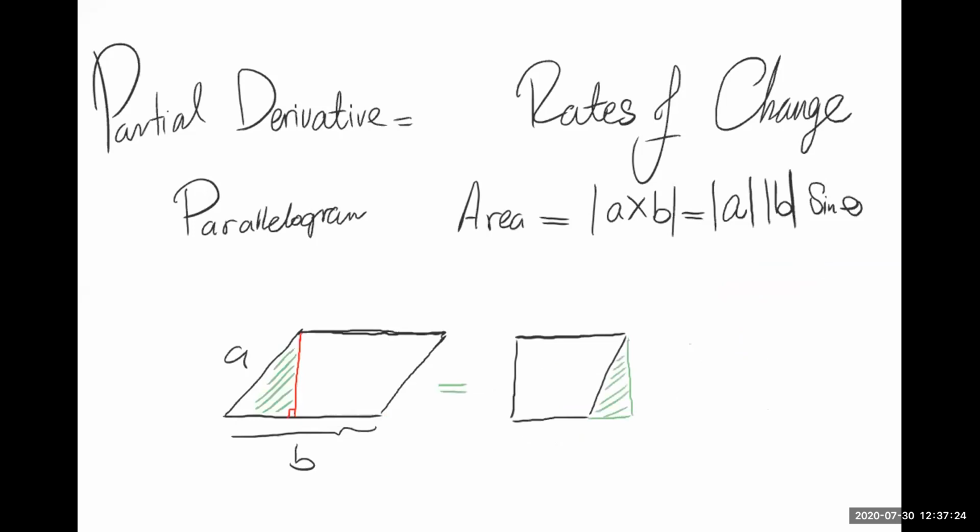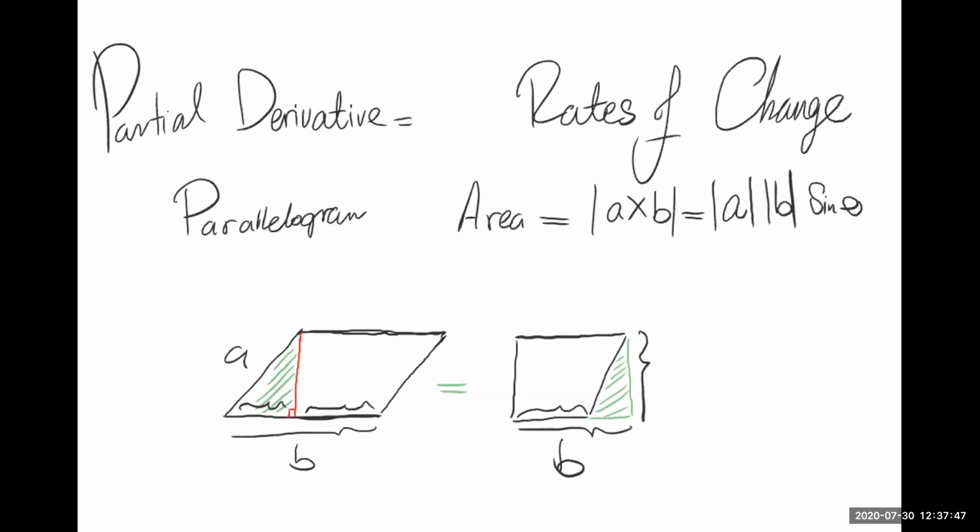Does that make sense? Now, what are the sides of this rectangle? Well, this side is still B, right? This part plus this part is B. I brought this green part here. Well, the sum is still B, correct?